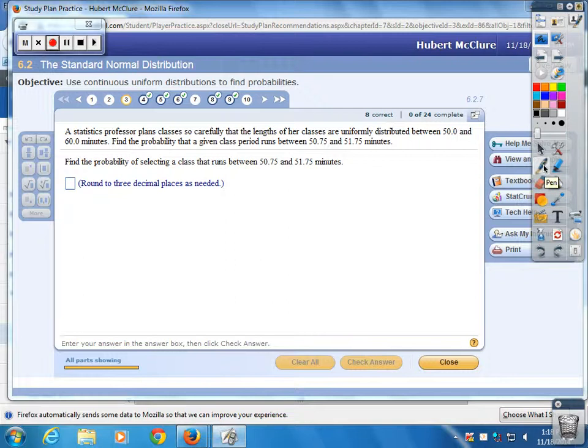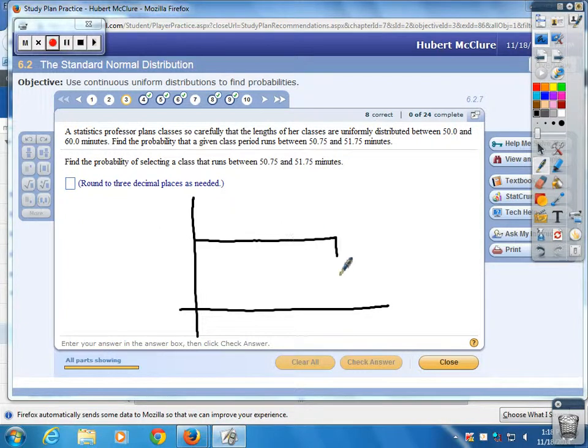All right. Now the thing about normal and uniform distribution is the probability or the area in the region is going to be equal to 1.0000.